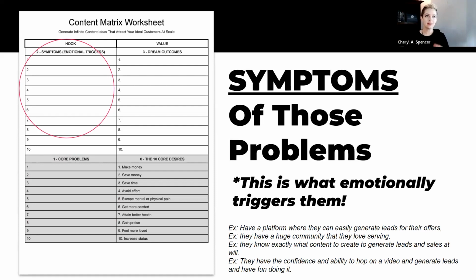So with these symptoms, or the emotional triggers, basically these are the emotions that people feel because of those core problems. You want to remind them of this pain, right? And this is what is going to emotionally trigger them and get them to stop the scroll, watch your content, give you a follow, become your customers, all that stuff, right?